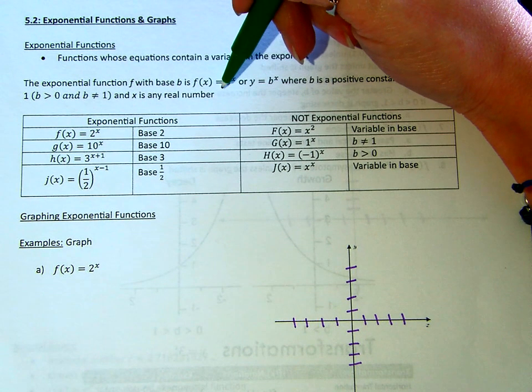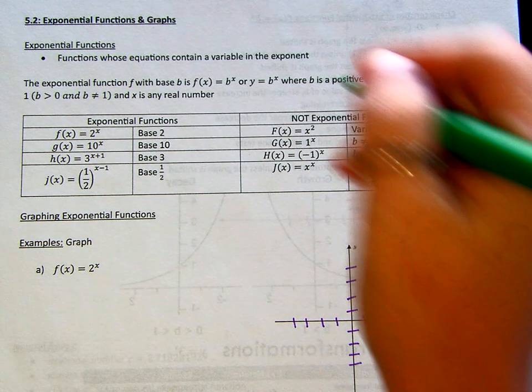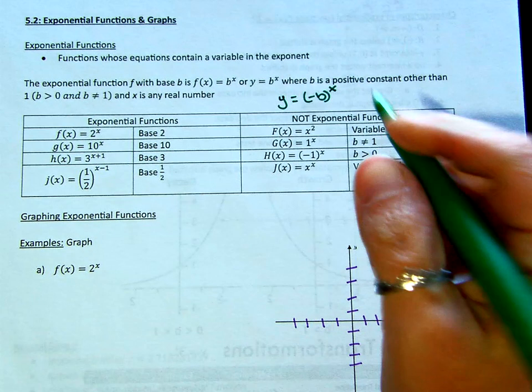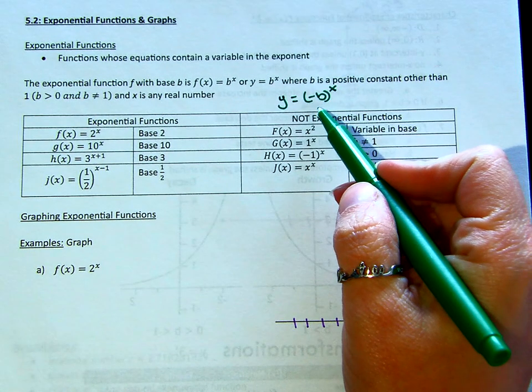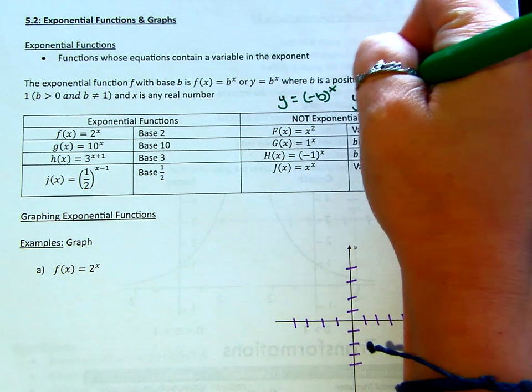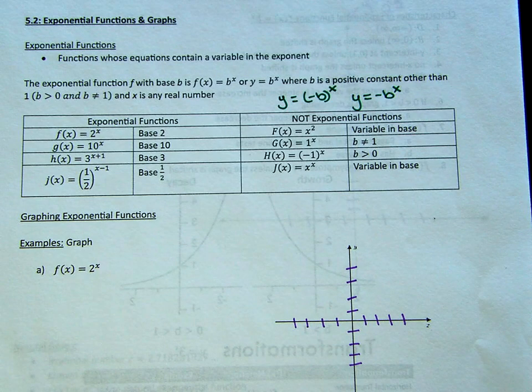Now, as we progress through this, we're going to see negative bases, but it's not really b that's negative, because you're not going to see something that looks like this. That has a negative b as a base. You can't have that. But you can have situations like this, because this ties back to 2.5 with our transformations of functions.